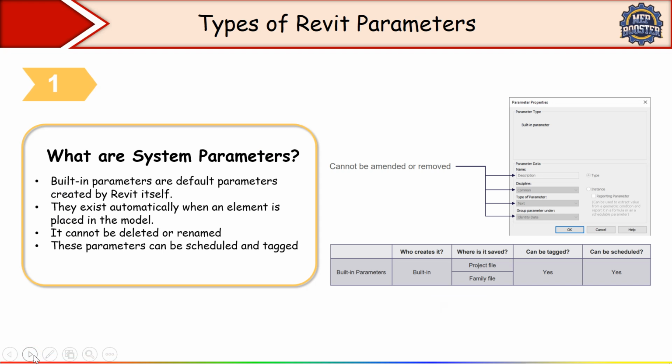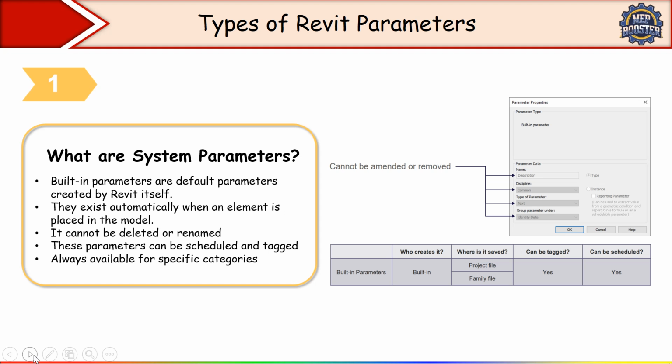Got it? Now the next point is that these parameters can be scheduled and tagged. It means system parameters work perfectly in schedules, tags, filters, calculations, etc. So this is all about system parameters. And one more point is that they are always available for specific categories.